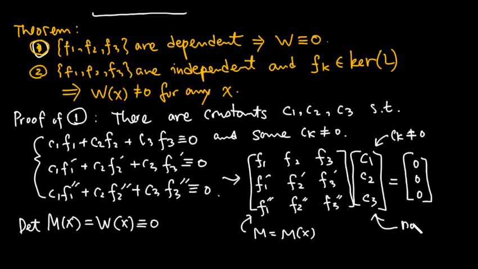That's why this is identically 0. If this changed with x, then this would not be identically 0, but this is fixed no matter what x you put in there. The determinant of this matrix, whose entries are numbers after you plug in x, has to be 0, and this constant is always there no matter what x you plug in. So that must be identically 0. So that proves the first statement.